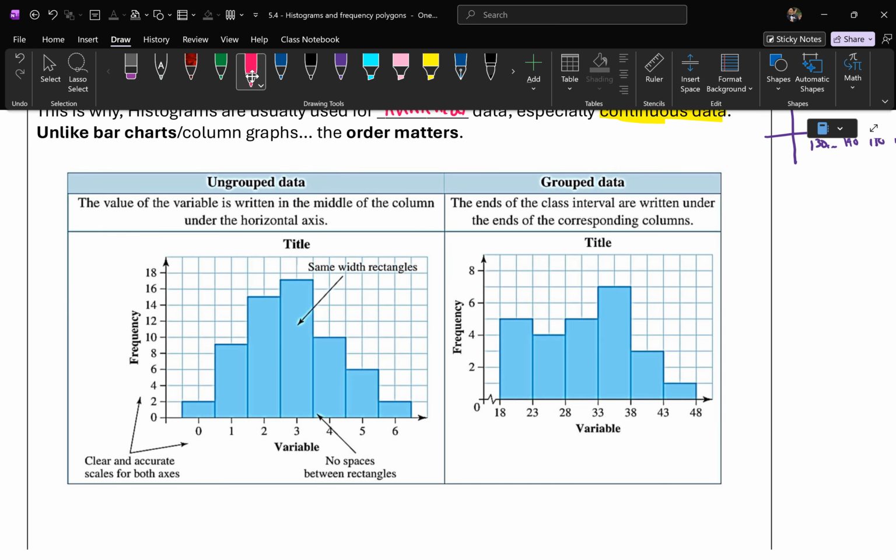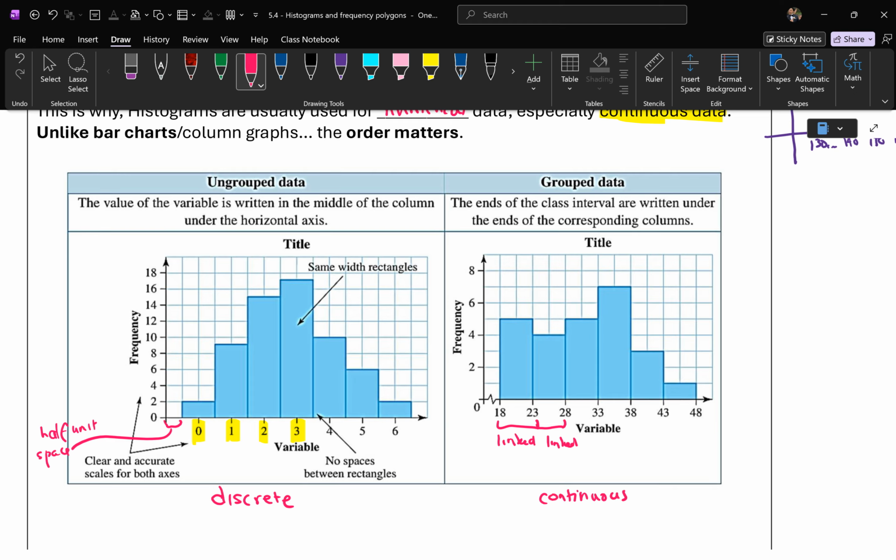If it helps you understand, write this as discrete data versus continuous. Can you see how these are linked? It goes from 18 to 23, 23 to 28, all linked. But if you look at this axis, that's just 0, 1, 2, 3. Notice how 0 wasn't exactly where the start is. There's that half unit space. So I'm going to write here, half unit space.